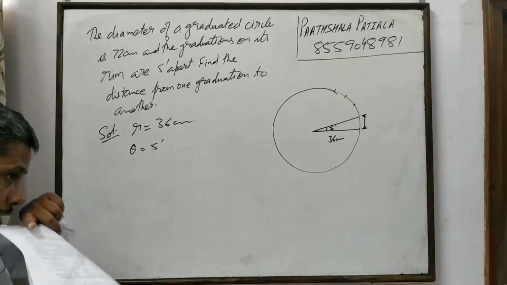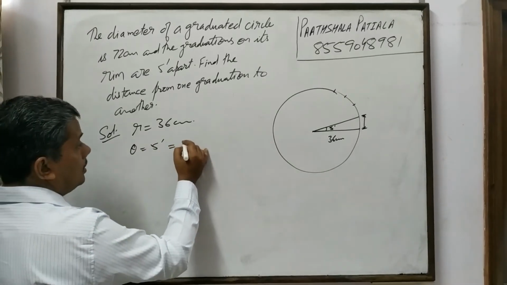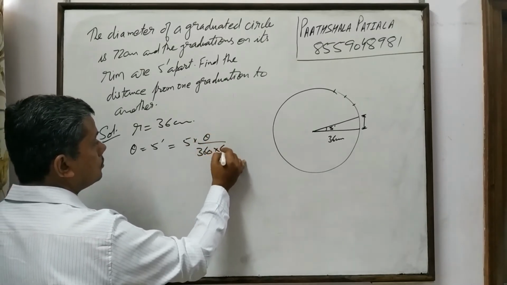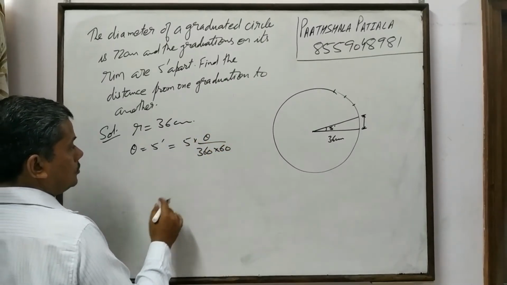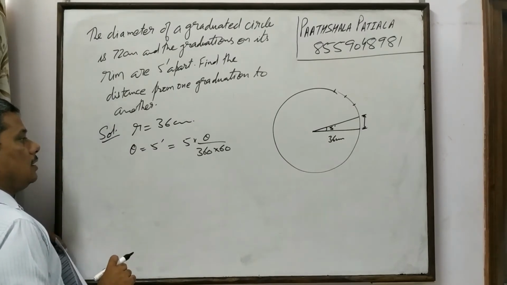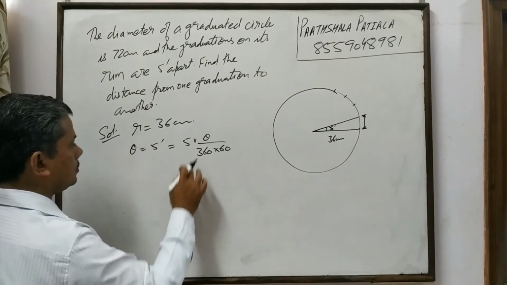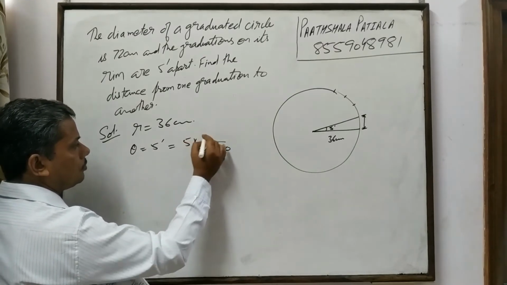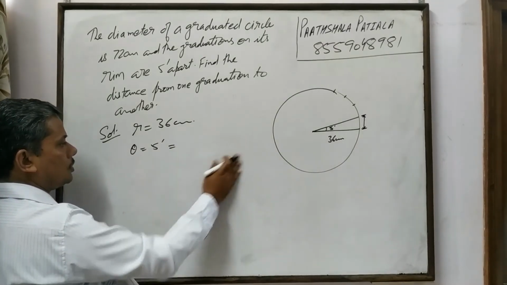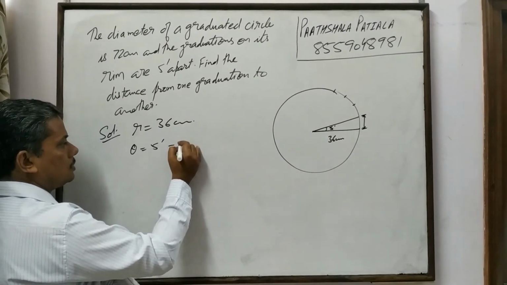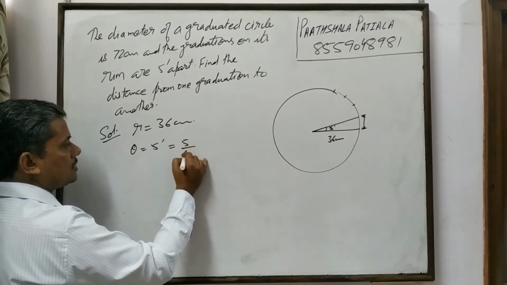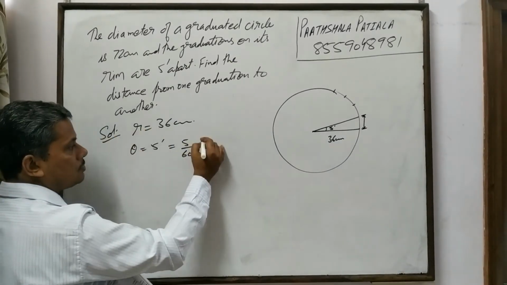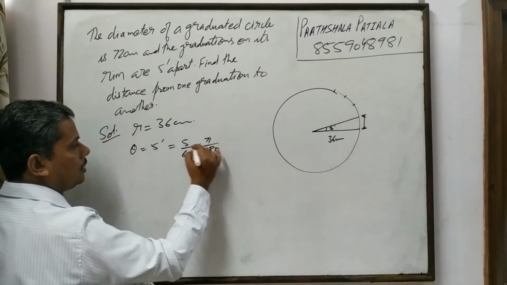Now how to convert minutes into radians? It is 5 by 60, that will be degrees, into radians, pi upon 180.